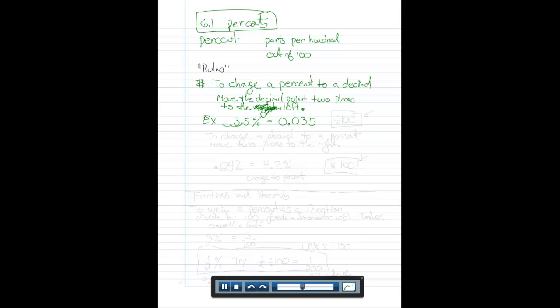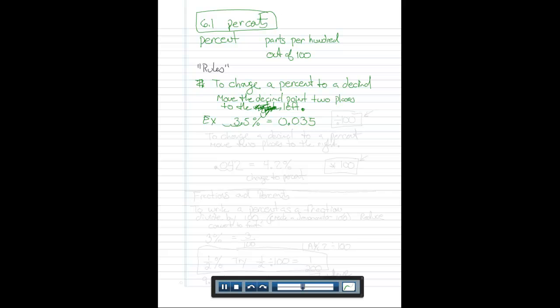Okay, that's what we were doing when we filled in. If you look back at each of those that we filled in, we started with the percent. We went 2 places to the left on every single one of them to get the decimal, including this kind of difficult one of 0.5% becomes 0.005.